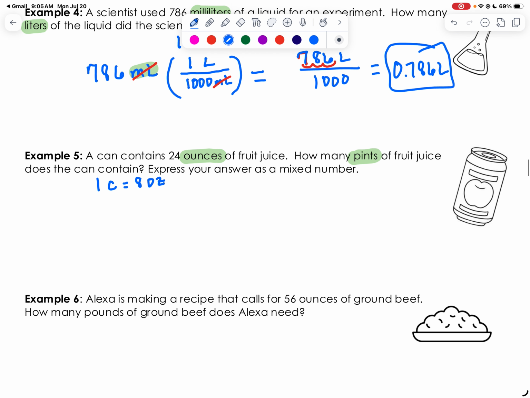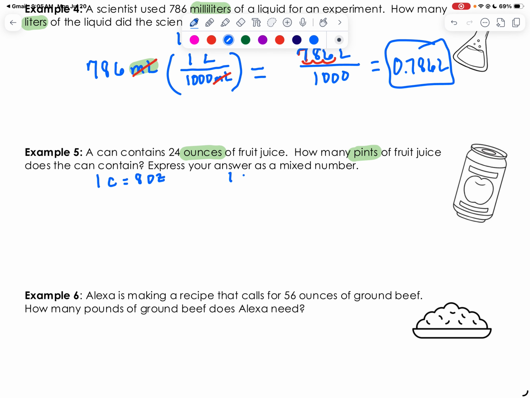And 1 pint is equal to 2 cups. All right, so let's start with our 24 ounces. 24 ounces. And we're going to multiply by a unit rate. And the only unit rate that had ounces in it was the first one.